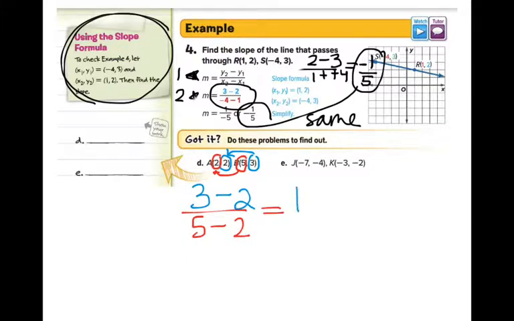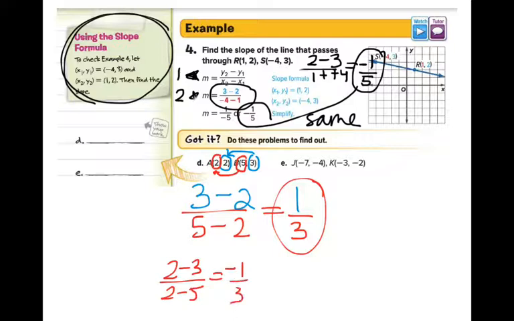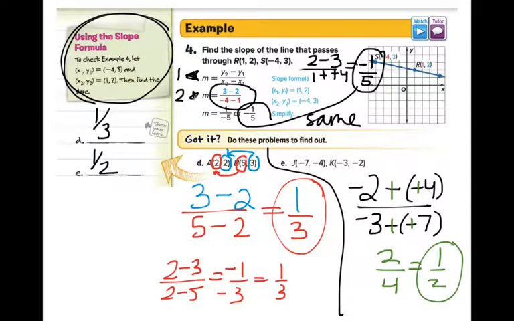And we end up with 1 over 3. If we'd done it the other direction, 2 minus 3 over 2 minus 5, I would have gotten negative 1 over negative 3, which equals positive 1/3. Same thing. I want you to try E and see if you get the same thing I do. All right, you should have gotten for E 1/2.